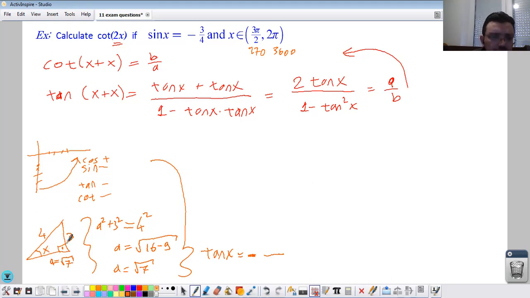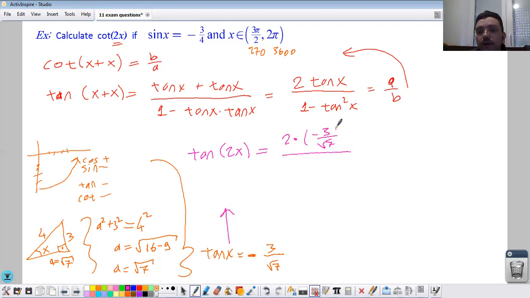Opposite side 3, and this is square root 7, so 3 over square root 7. Now we just have to do the necessary calculations. We insert these in the formula: tangent 2x equals 2 times tangent x, which is minus 3 over square root 7, divided by 1 minus tangent squared x, minus 3 over square root 7 squared.